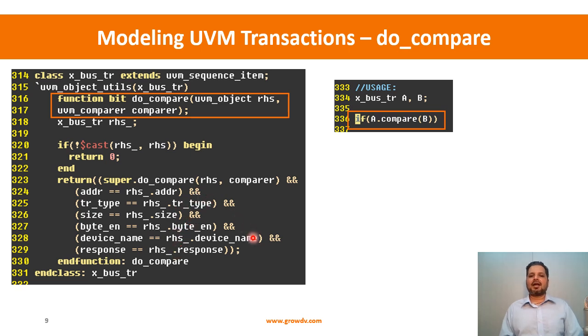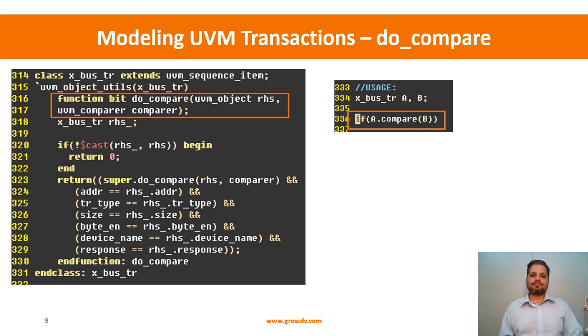We are comparing and then ANDing them together, so that if any one of these comparisons fails, or any of the base class field comparisons fails, it would return false. But if everything matches, it will return true, and then your if will become true, and you can take further action. You could be using, let's say, UVM info saying that things are matching, or you could be using UVM error or UVM fatal to indicate that the comparison has failed.